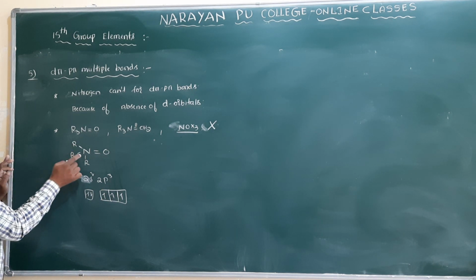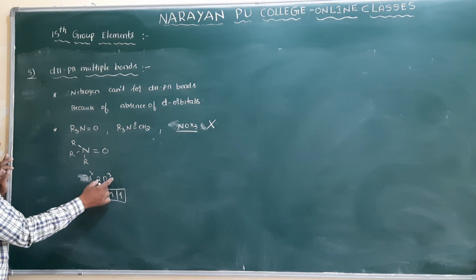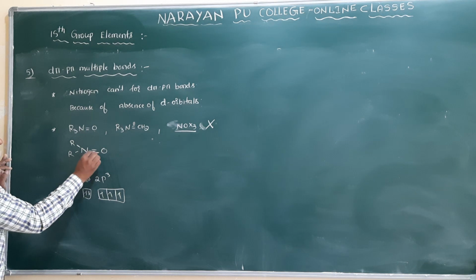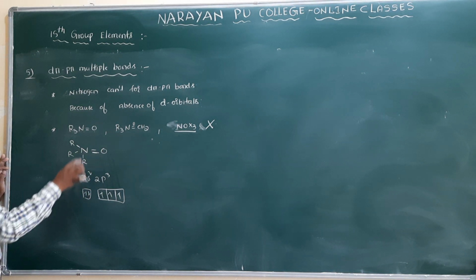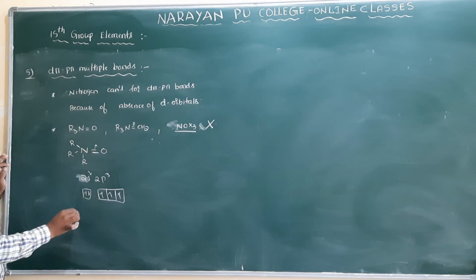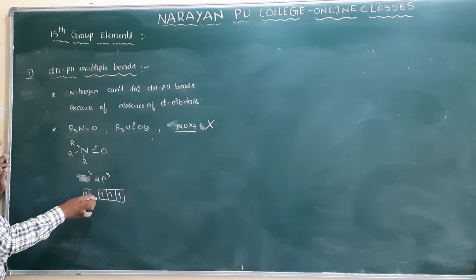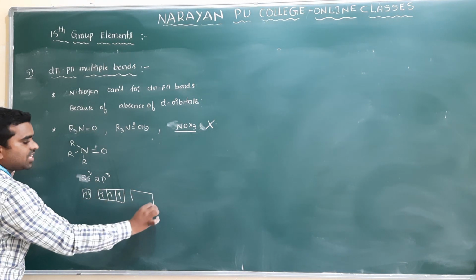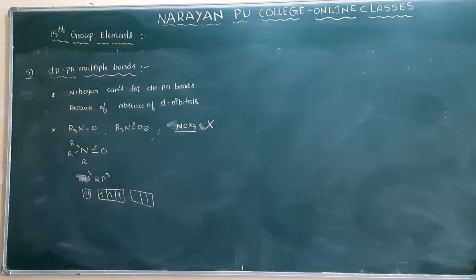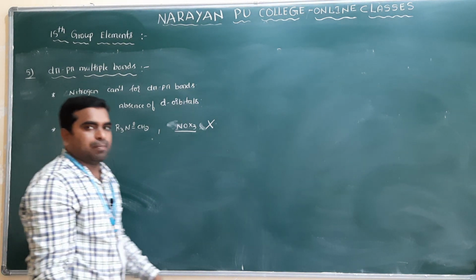These 3 bonds are formed using the 3 p electrons, and one single bond is formed by donating its lone pair of electrons. Then what about the fifth one? A pi bond should form. Can it? No, it cannot, because there is no orbital available to make a fifth bond for nitrogen. So it cannot form dπ-pπ bonds.